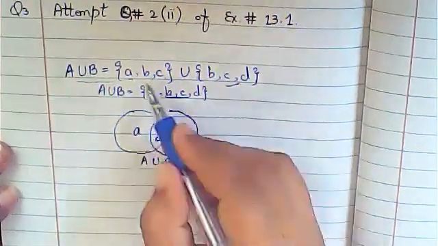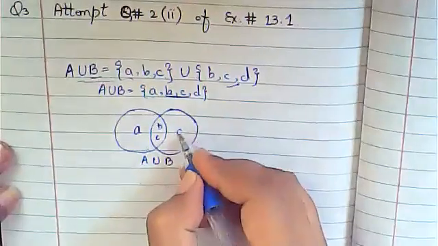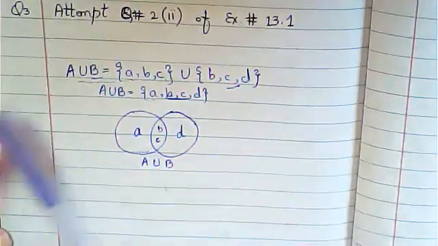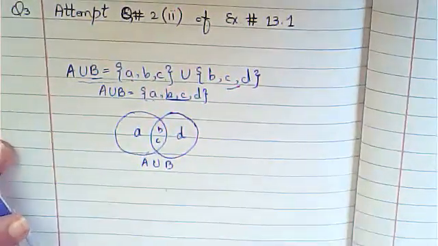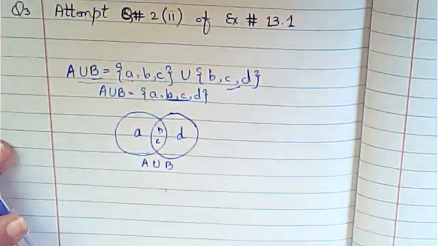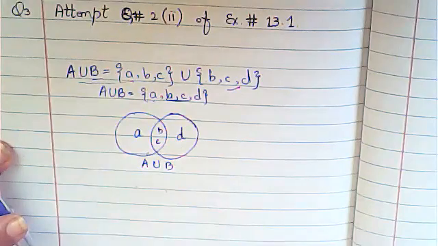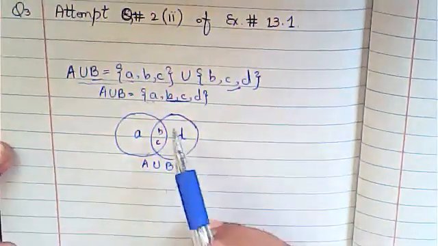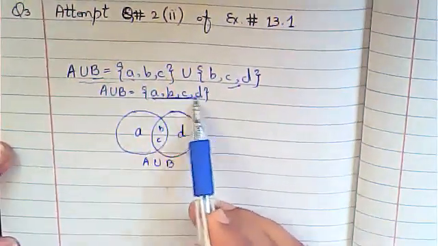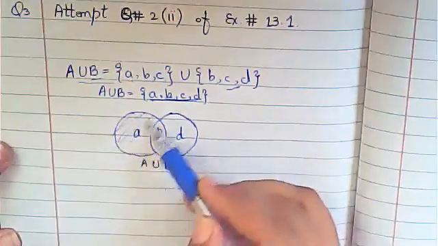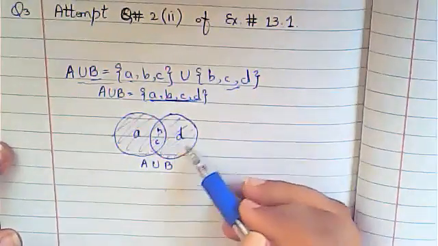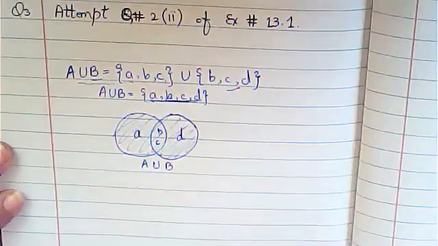D is a member of set B, so you will write D here. Understand? Now if you are going to color it, all the elements are present in the answer, so you will color this whole thing.